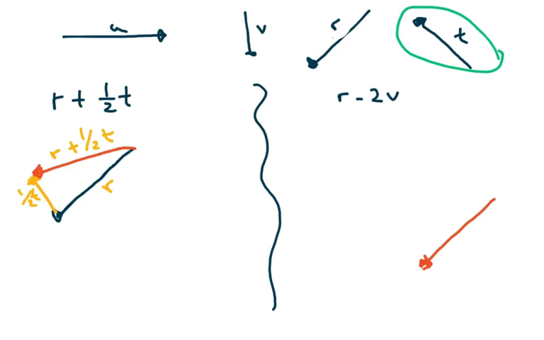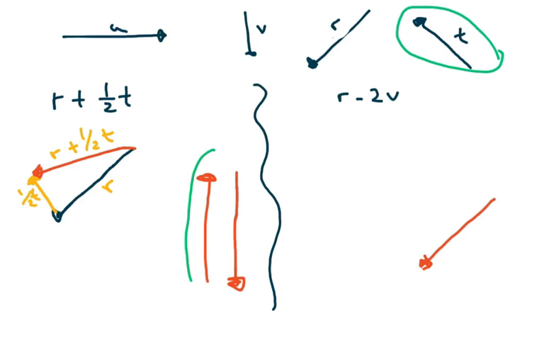Now, 2v would go down like you draw it twice. You double the magnitude. But since it's negative, we're going to flip it and it's going to go up this way. Go in the opposite direction. So when I draw that, I'm going to draw it from tail to tip.